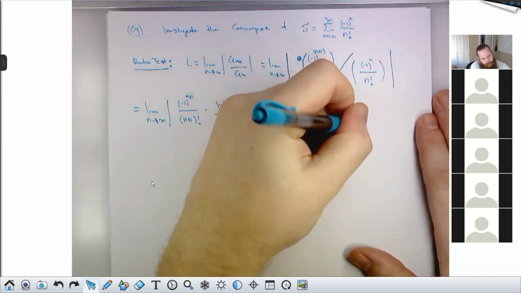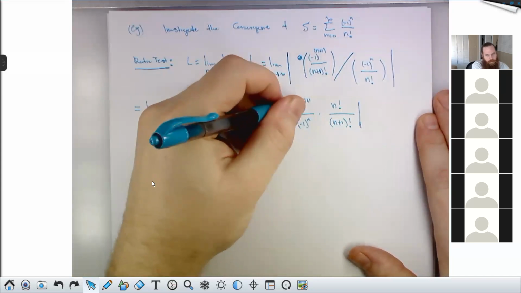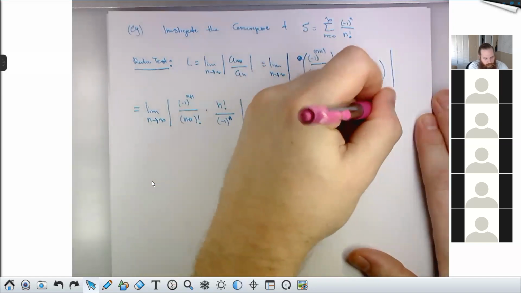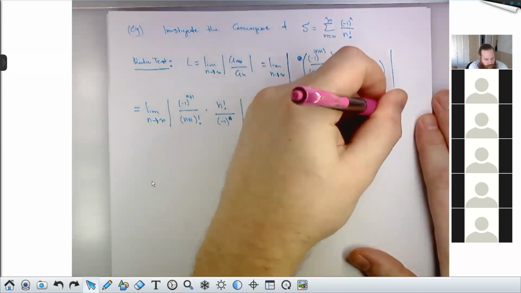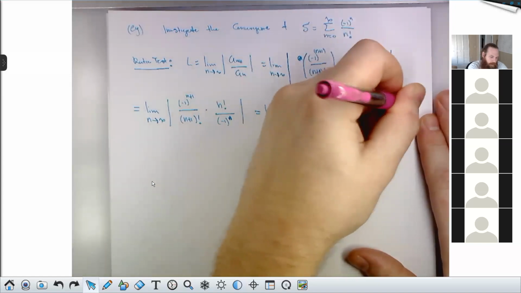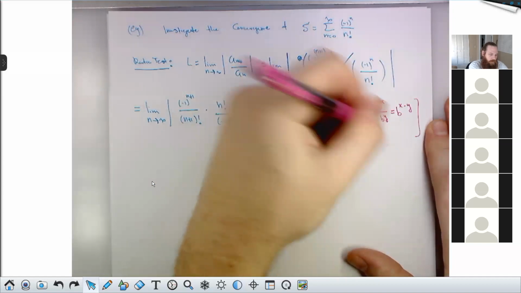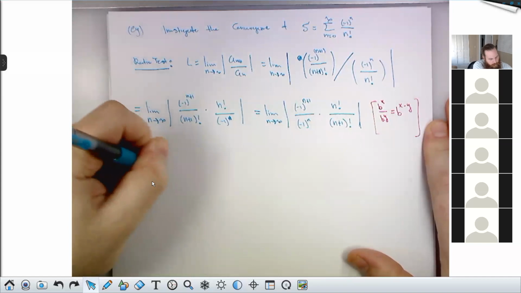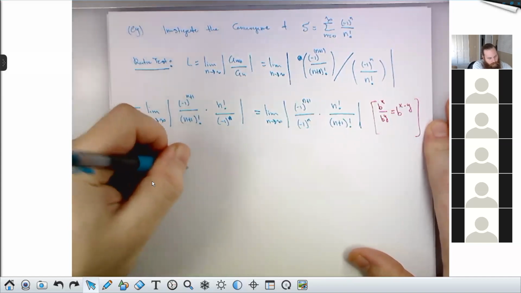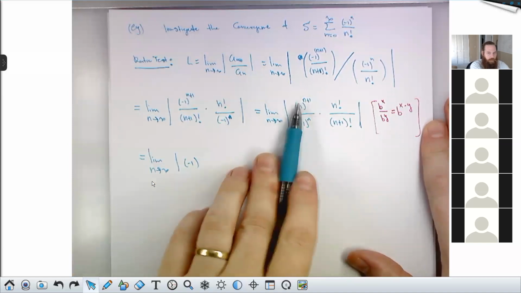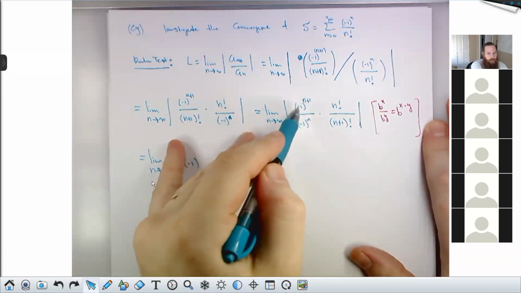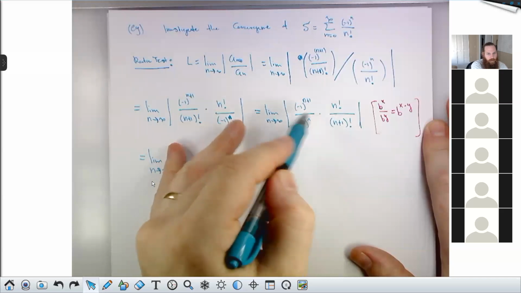And this first piece over here, if you divide -1 to the n plus 1 by -1 to the n, you can use this rule that b to the x over b to the y is the same as b to the x minus y, to say that that first piece is really just -1. It's -1 to the n plus 1 minus n. Or you can say there's n plus 1 copies of -1 upstairs, n copies of -1 downstairs.